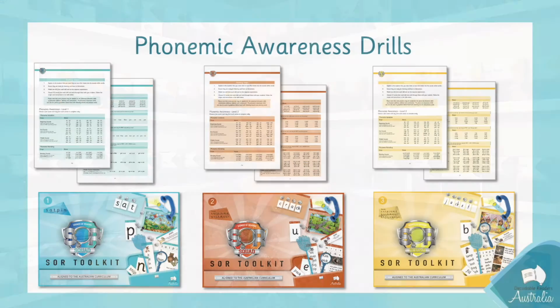And that's why we need to embed these types of drills and practice into our programs. And what I love most about these drills is that we can do these at phoneme level, because the drills that are provided allow students to match up those letter sound correspondences. And that's where we can maximize our instructional time to achieve those results.